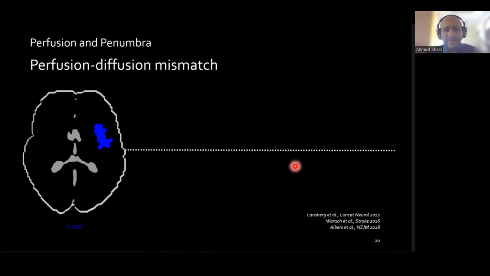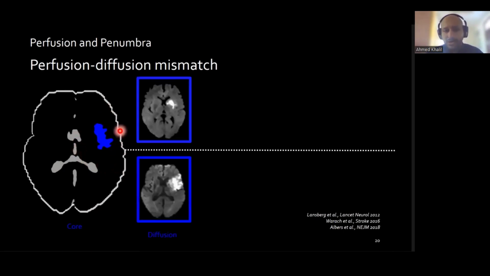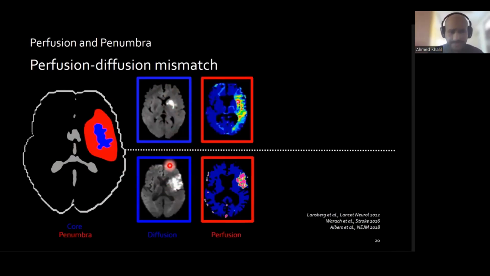But just to explain how it works, you have here, for example, a patient in the left MCA, so middle cerebral artery region, and you have an infarct core shown in blue. You can see this core if you do diffusion-weighted imaging. Everything that's hyperintense here, everything that's bright, is assumed to be the infarct core. These are two separate patients.